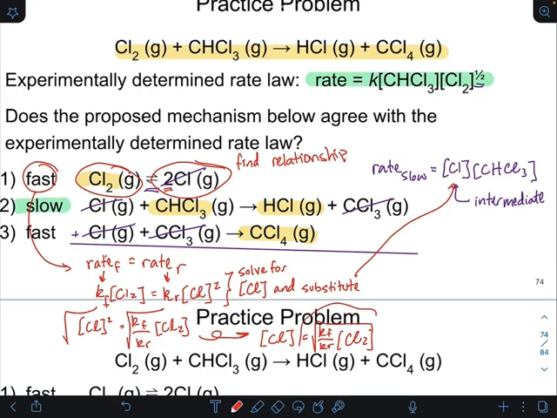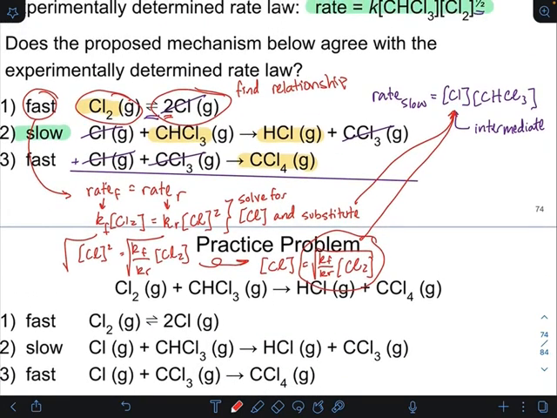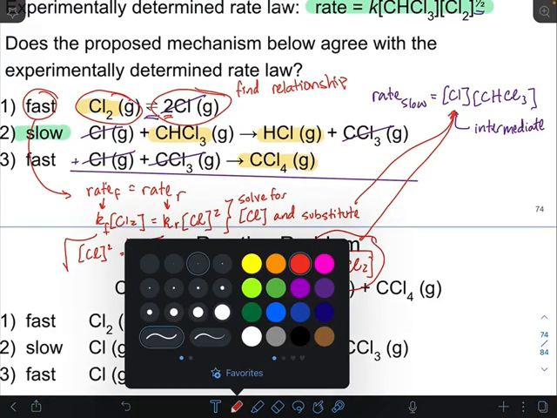So I'm going to take this and substitute it into my slow rate law. I'm running out of space, but that's okay.